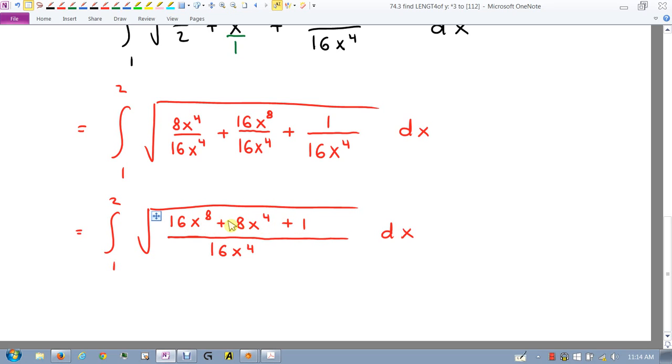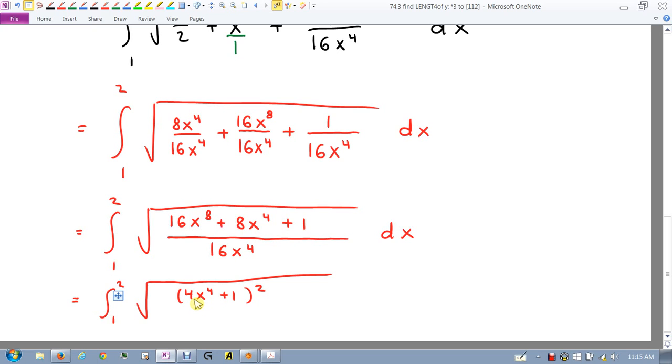This is a perfect square trinomial. It's 16x to the eighth plus 8x to the fourth plus 1, which is something times itself. What is it, though? How about 4x to the fourth plus 1 squared? Isn't that what this is?